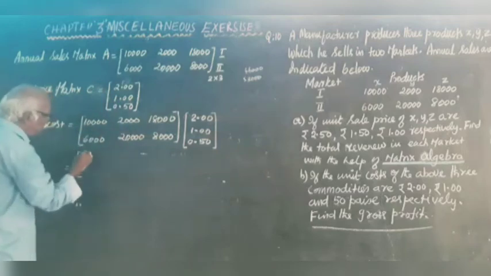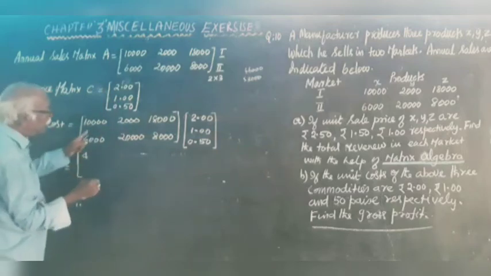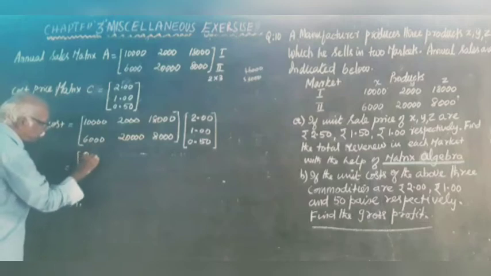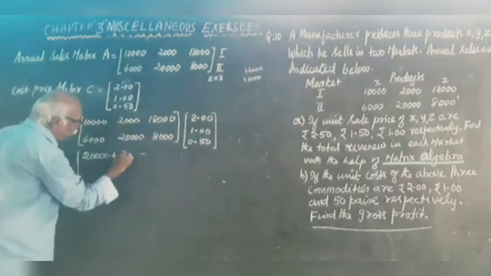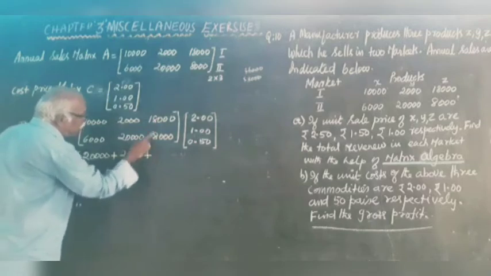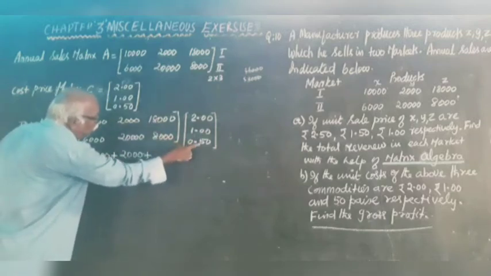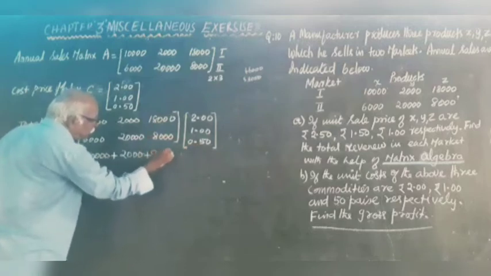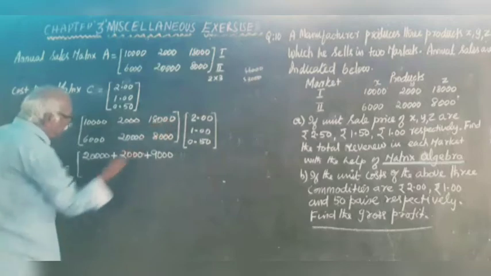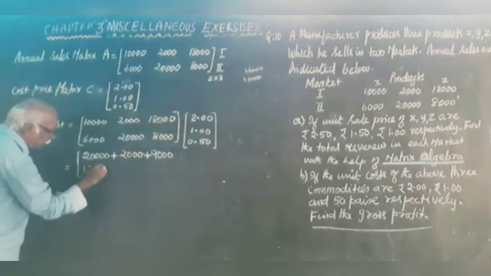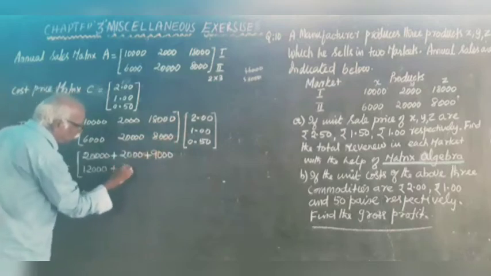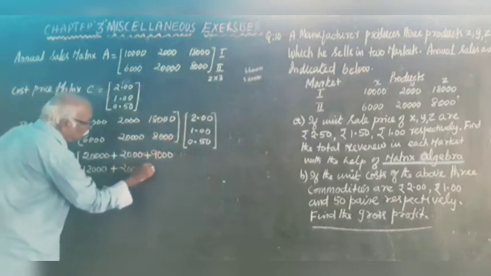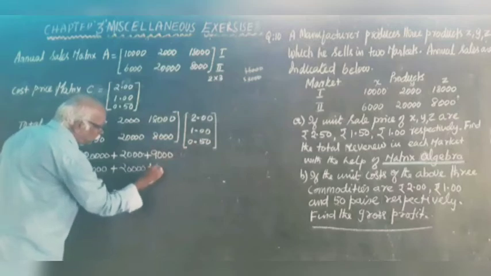You will get 10,000 into 2, 20,000, plus 2,000 into 1, 2,000, plus 18,000 into half. This is 1 by 2, 9,000. Then 6,000 into 2, 12,000, plus 20,000 into 1, 20,000, plus 8,000 into 1 by 2, 4,000.